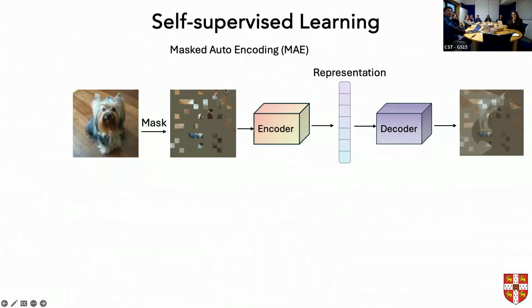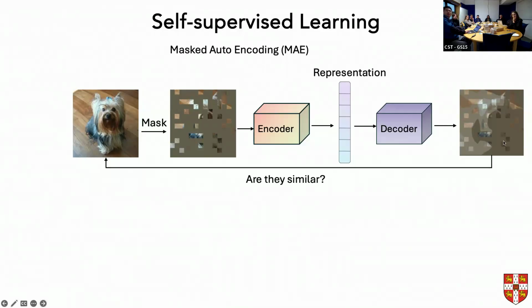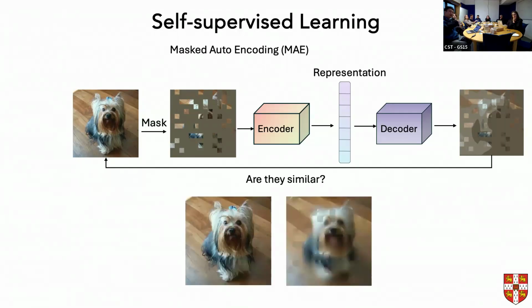Then the way we train this model is we simply calculate the loss, the similarity between the reconstructed image and the raw image. If they're not similar, then we penalize the model. So this is how we train this model. Then finally, you can see that the model learns something because it can reconstruct this image very well.